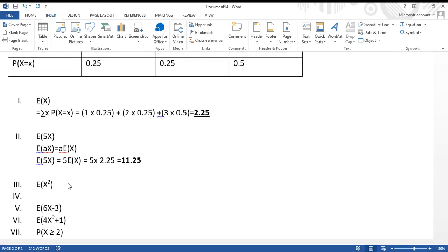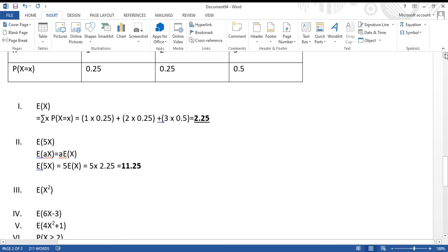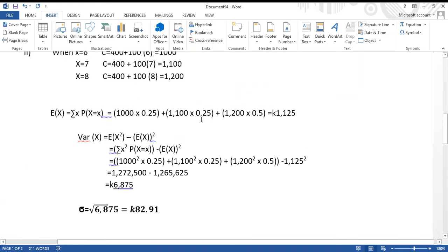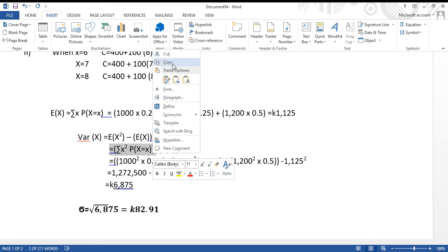E(X squared). Again, here what's going to happen is we're going to square our random variable values and multiply them by their probabilities. If you recall, from when you're getting the variance, this is the same expression we use, and when we simplify it, it becomes this.